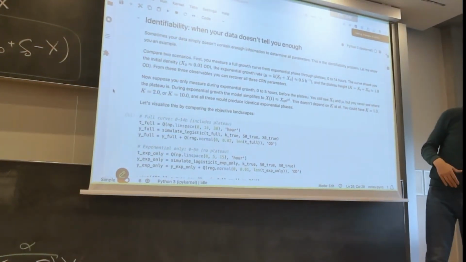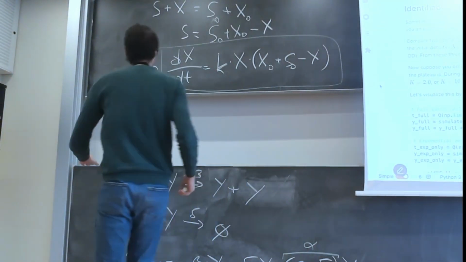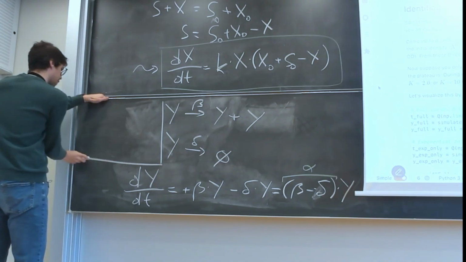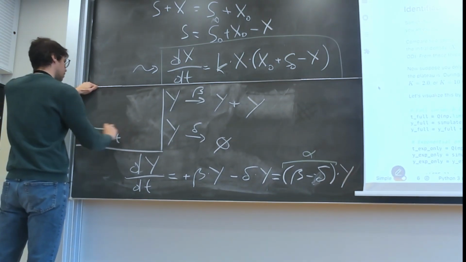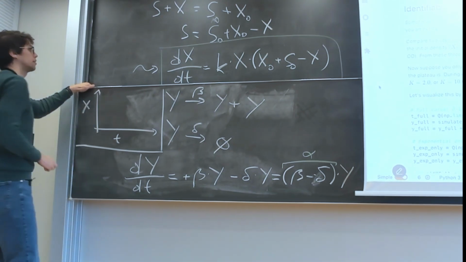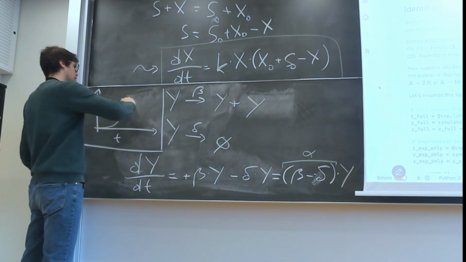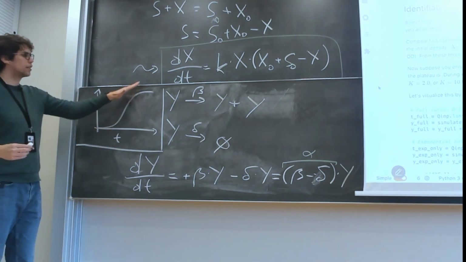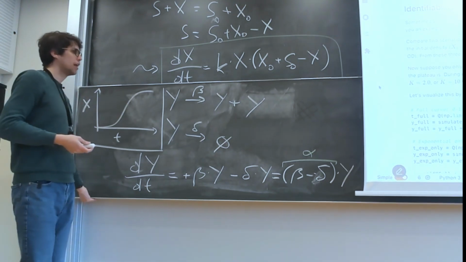Let me draw a picture for you. If we have a time series like this, with t here and x here, a complete time series would look something like this. We start, and then at some point we level off because the substrate runs out, the resources run out.